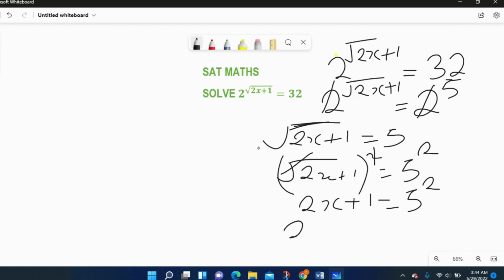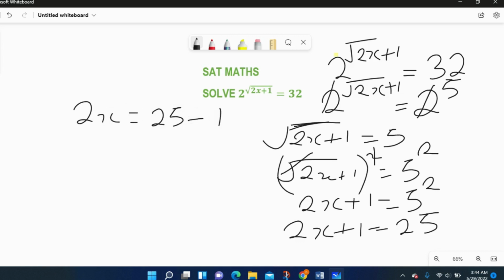We're going to have our 2x plus 1 equal to 25. So we are going to collect like terms. Our 2x will be equal to 25 minus 1.